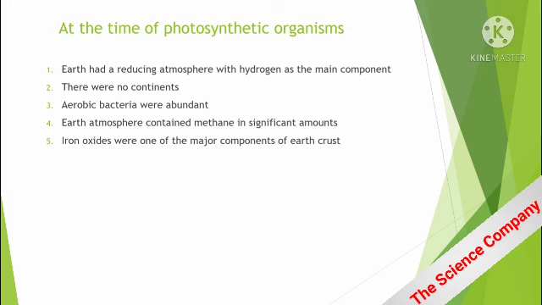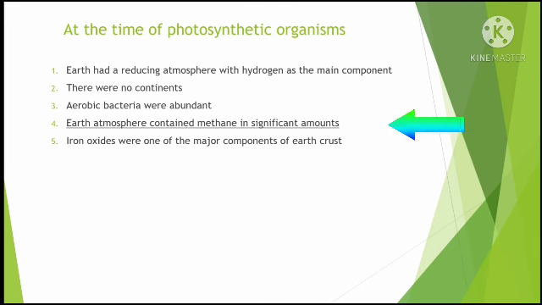And the fifth answer is iron oxides were one of the major components of the Earth's crust. Actually, this event happened after the photosynthetic bacteria produced oxygen. So this is the wrong answer. Based on that, the fourth is the correct answer.